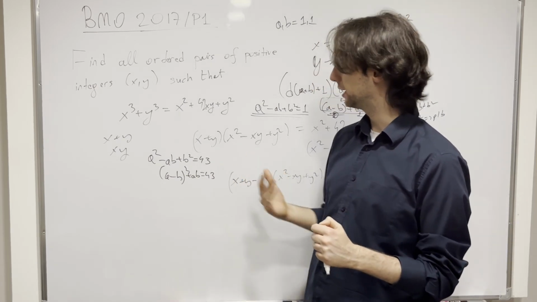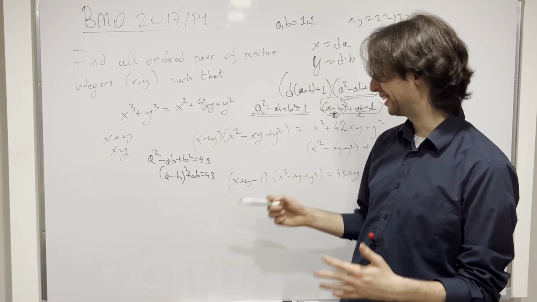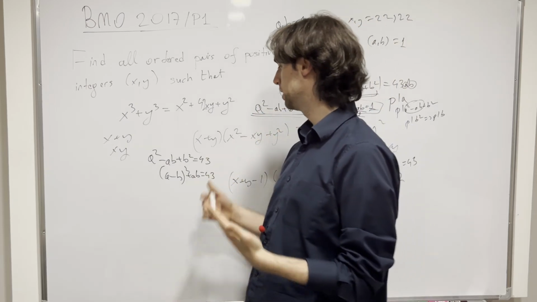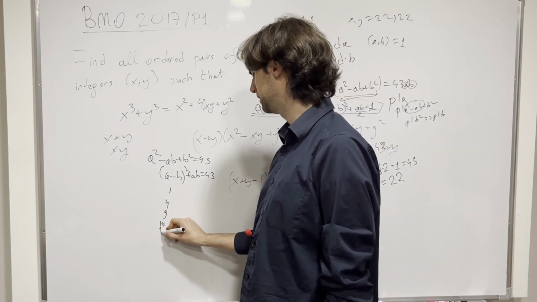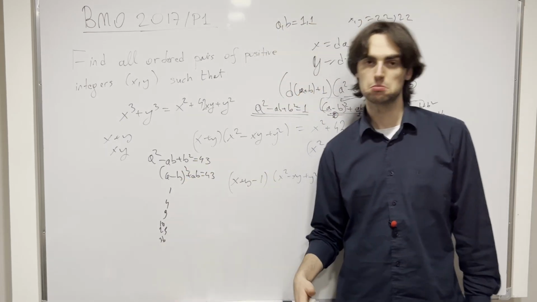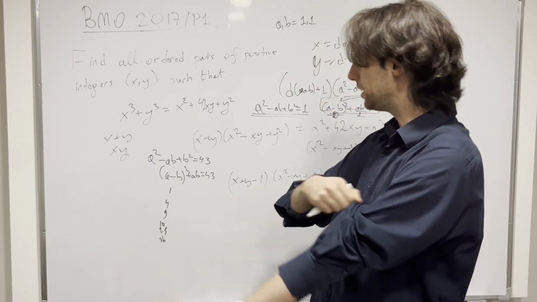Do I know anything about a and b if they're 1 modulo 3? They're relatively prime. What can I say? Do I want to test out? There's a bunch of ideas coming to my mind. One is to test out the cases 1, 4, 9, 16, 25, and 36. There are 6 cases here. It's not great. It's not the smartest thing to do, but it's doable.